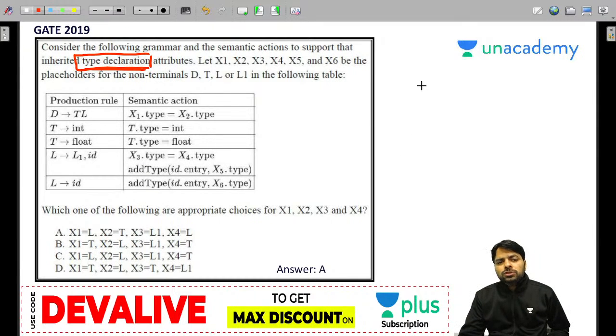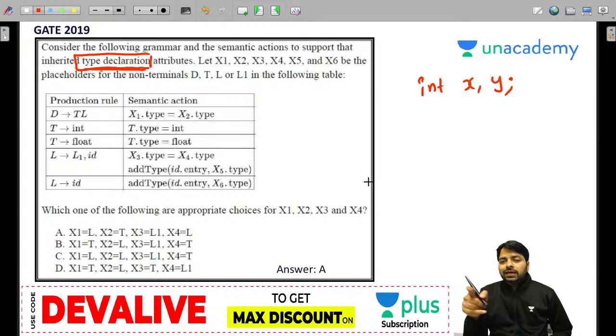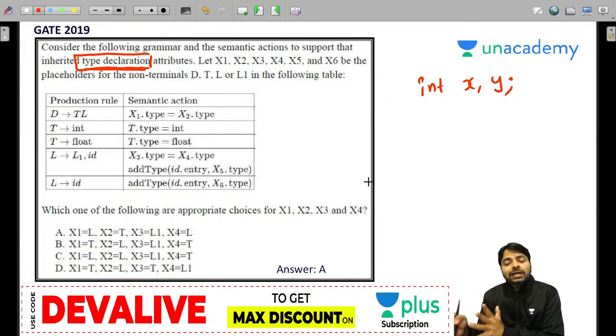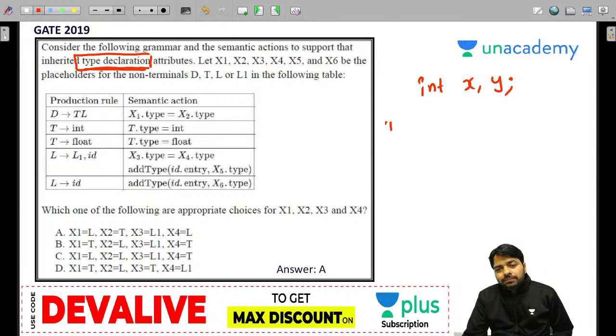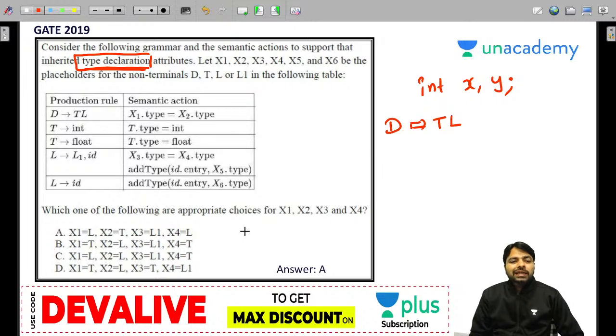Suppose I want to declare int x comma y, and here the semantic rules are defined. The structure and production rules are already there, and semantic rules also. Here D gives T L, and the semicolon is not much important because we understood it is a single statement.